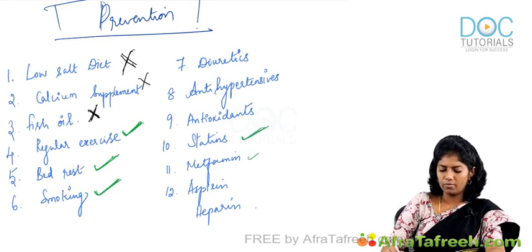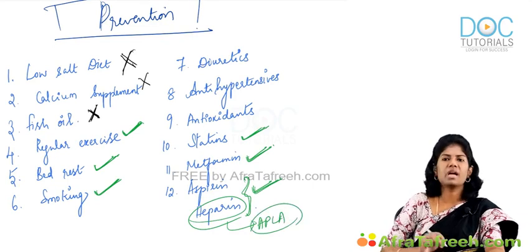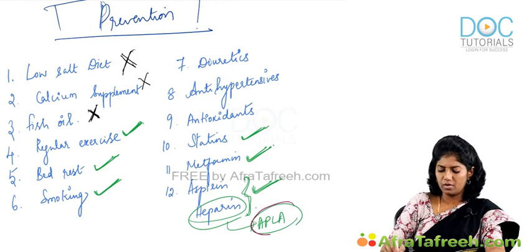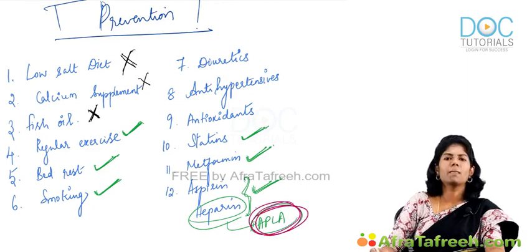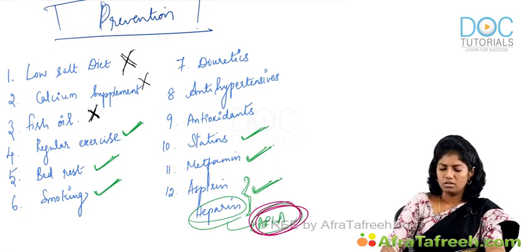Metformin, promising. Aspirin, heparin, definitely promising, and that too aspirin combined with heparin for the treatment of APLA, antiphospholipid antibody syndrome. Aspirin plus heparin is promising for APLA. So these are the promising ones. Diuretics and antihypertensives have no role in preventing preeclampsia.